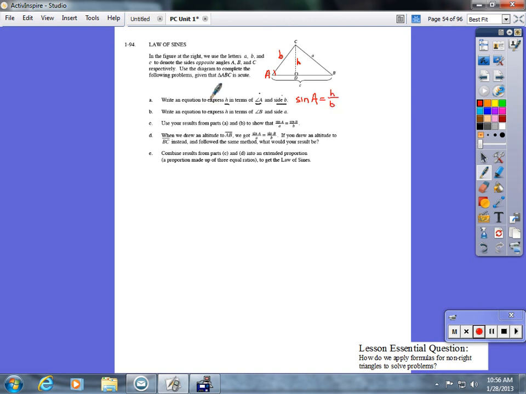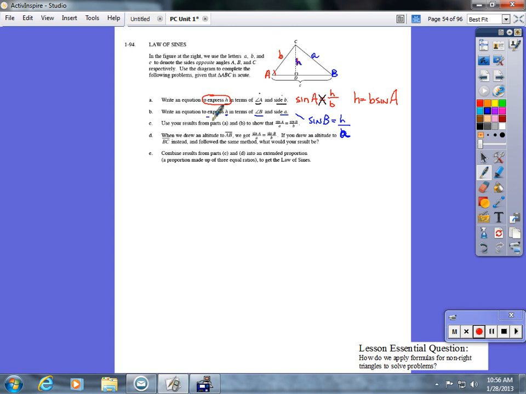But now it says write an equation to express H. If we're expressing H, it should say H equals. So you're going to have to cross multiply and determine that H equals B times the sine of A. Part B. Let's write another equation to express H, but this time in terms of angle B and side A. So now we're looking at angle B, side A, and H. Same process, sine of B equals H over A. Sorry about that, typo.